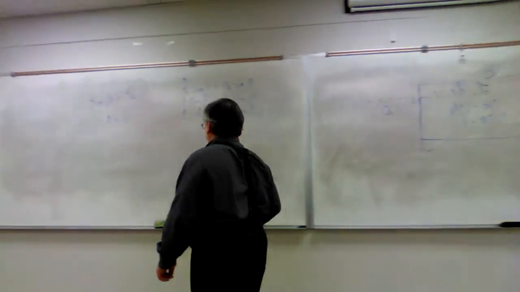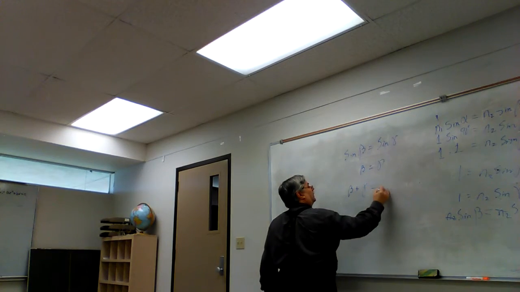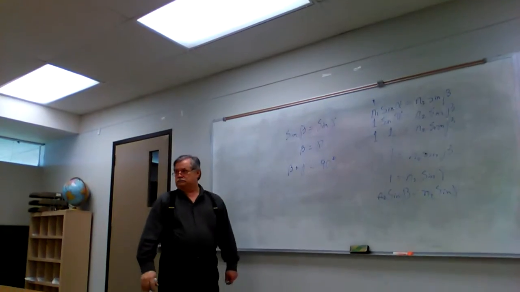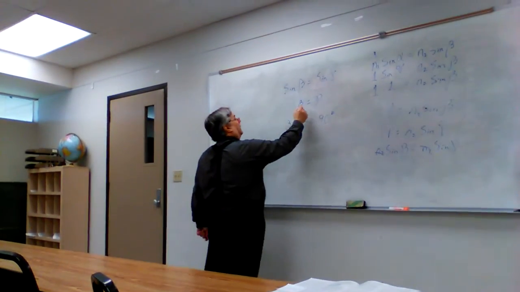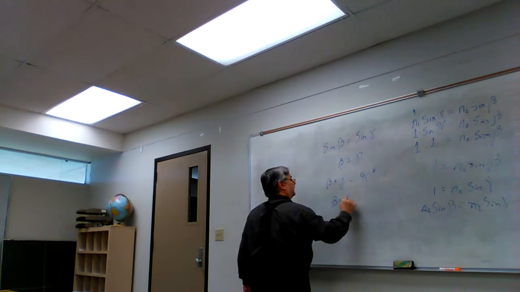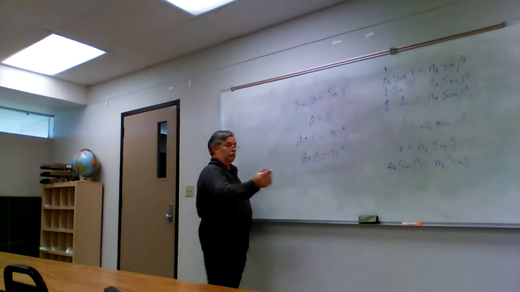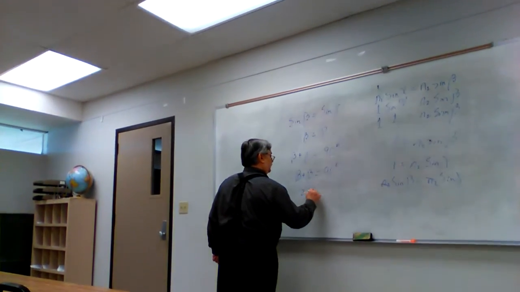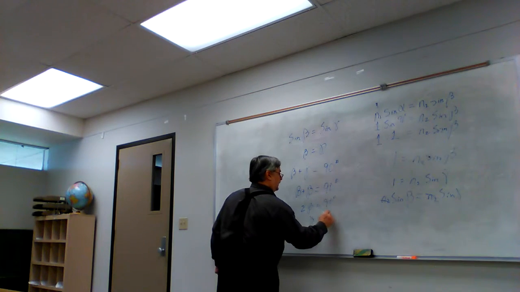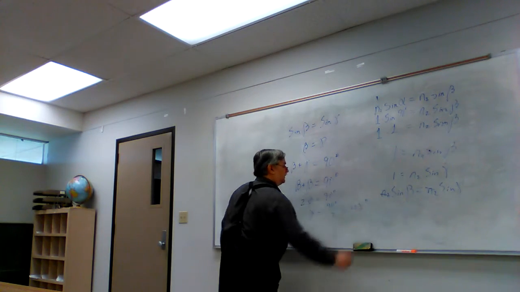Because we know that beta plus gamma must equal 90 degrees. That means if beta is equal to gamma, then beta plus beta must also equal 90 degrees, which is just another way of saying 2 beta equals 90 degrees, or beta equals 90 degrees divided by 2, equals 45 degrees.